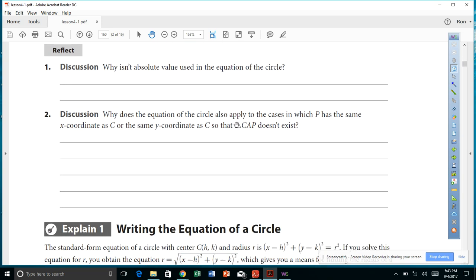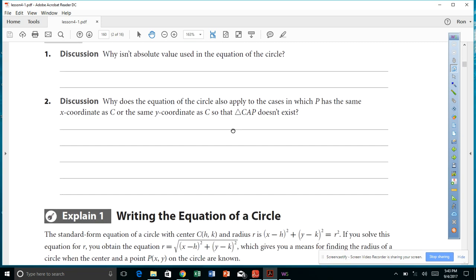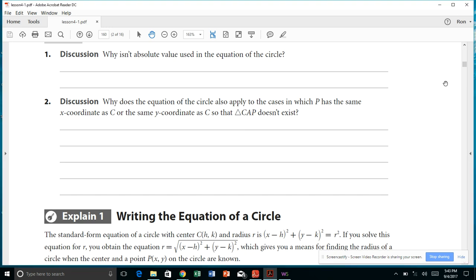Why is the absolute value not needed in the equation of the circle?